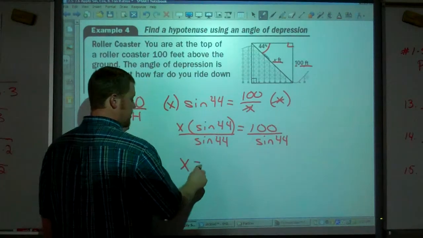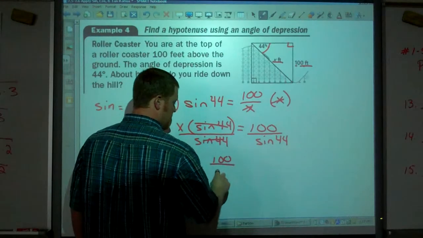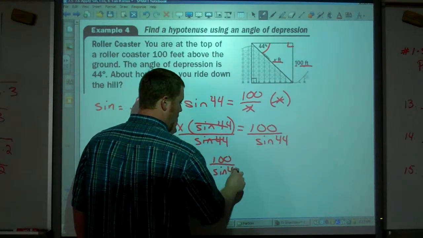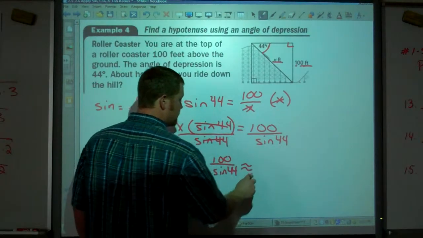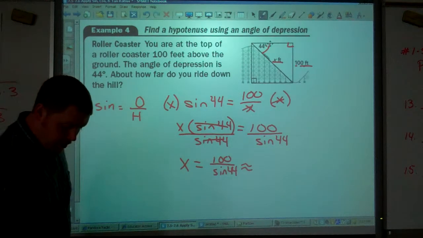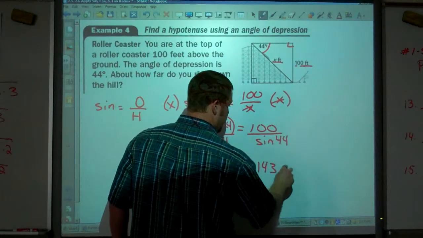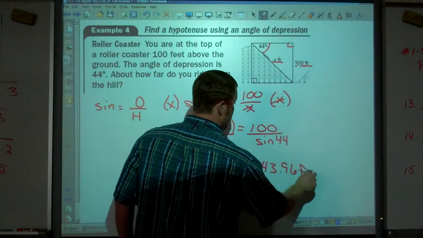So x equals 100 divided by the sine of 44, which is about 143.96 feet.